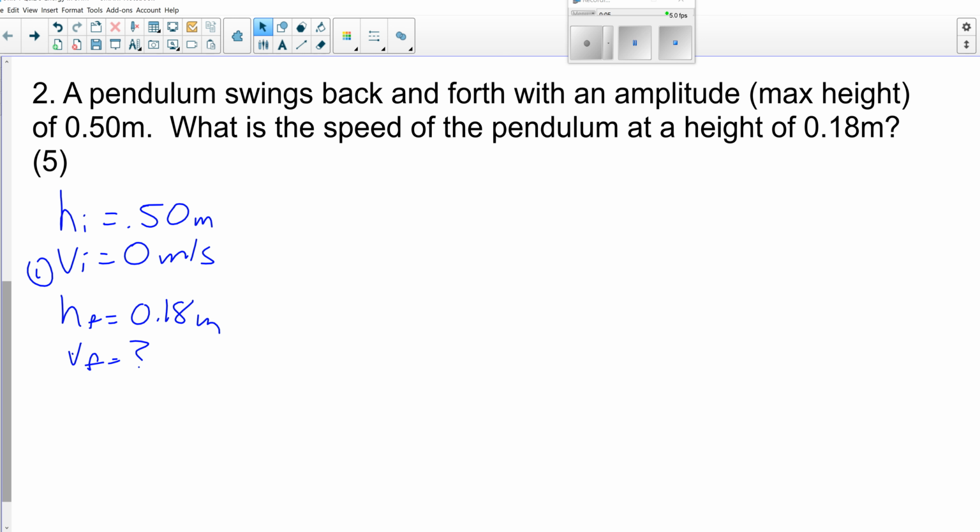Is that a problem? It is not a problem, because this works just like a roller coaster. This is like a review question from Unit 2. A pendulum has gravitational potential energy, not elastic potential energy. So 1 mark for givens, 1 mark for recognizing it's a law of conservation of energy question.